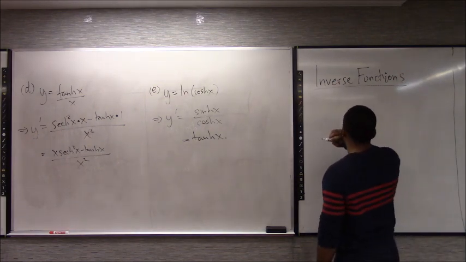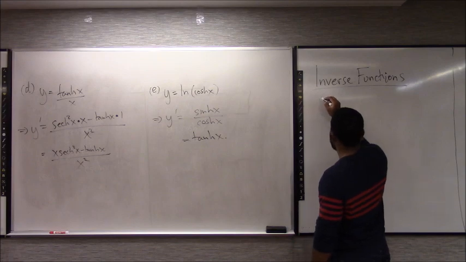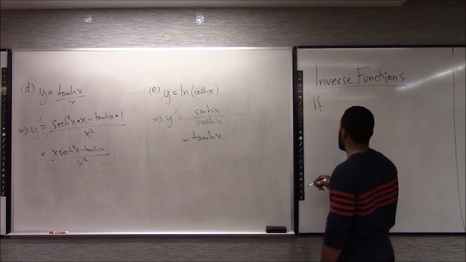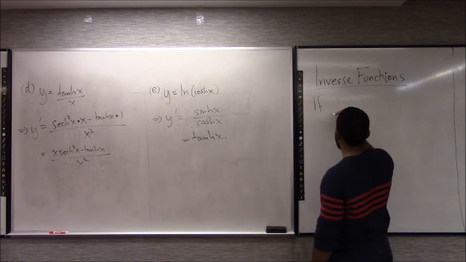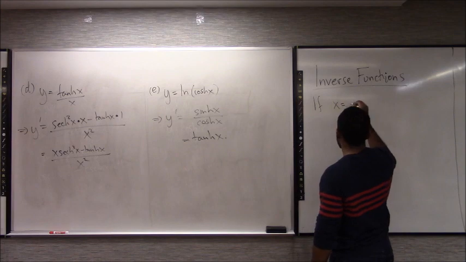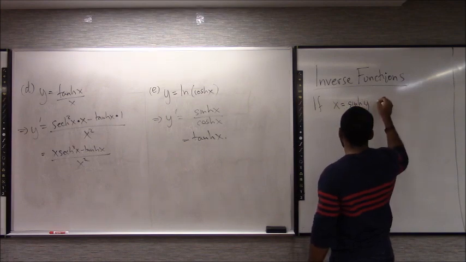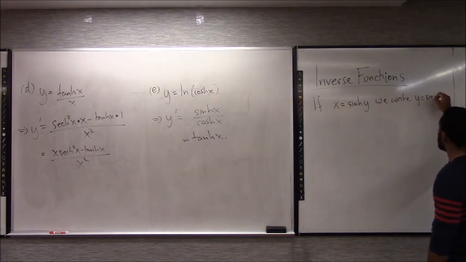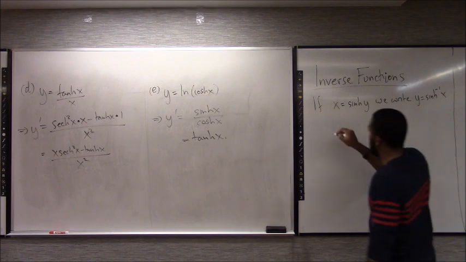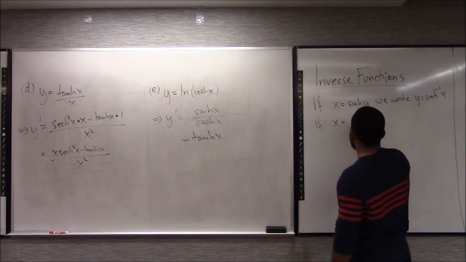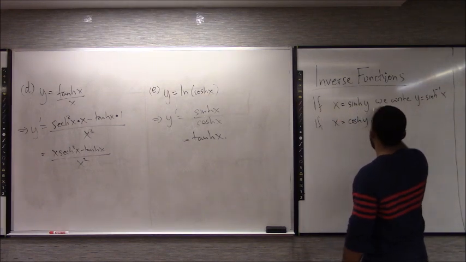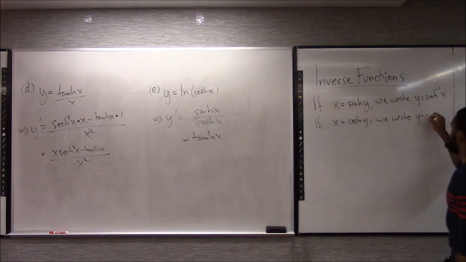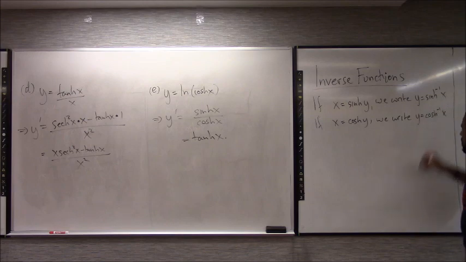So if x equals the sinh of y, we write y equals sinh inverse of x, and similarly, if x equals the cosh of y, we write y equals the cosh inverse of x, and vice versa.